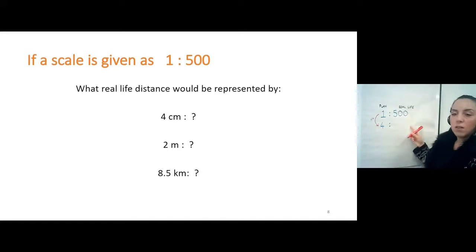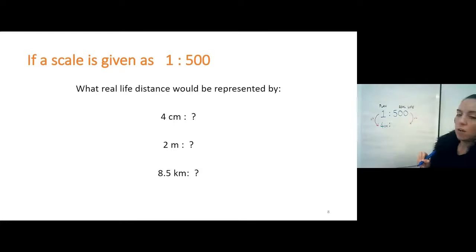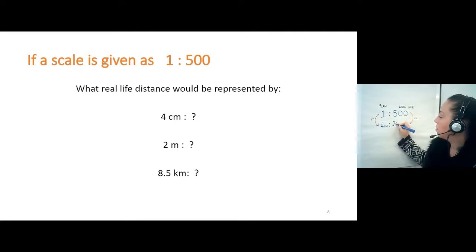So what I'm going to do is increase the real life size by exactly the same amount, by 4. So that would give me a real life measurement. This was centimetres. A real life measurement of 2000 centimetres.